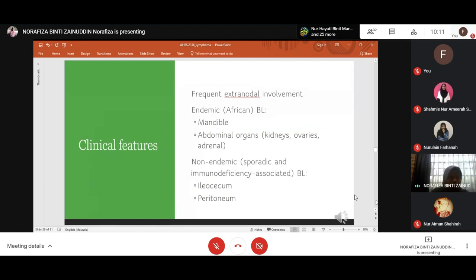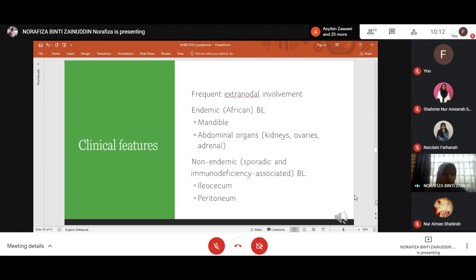So these are the clinical features. The endemic variant usually involves extranodal sites. It usually starts as tumors of the jaw or other facial bones. It can also affect the GIT, the ovaries, the breast, and can spread to the CNS, causing nerve damage, weakness, and also paralysis.